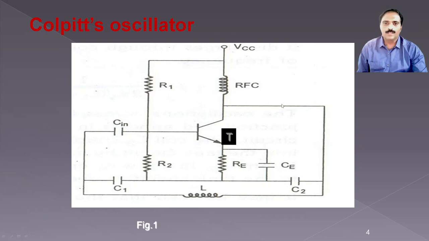Of course, this output is amplified and hence this can fulfill the losses which are being developed in this tank circuit, thereby developing the sustained oscillations. So that is the brief introduction of this Colpitt's oscillator.